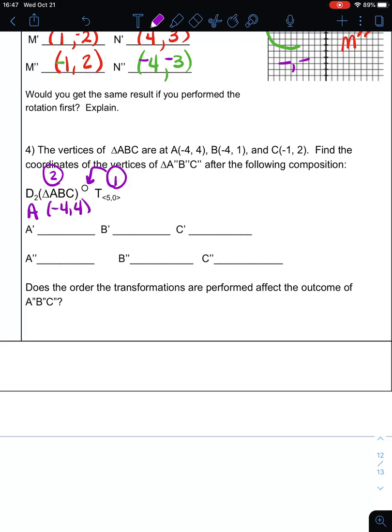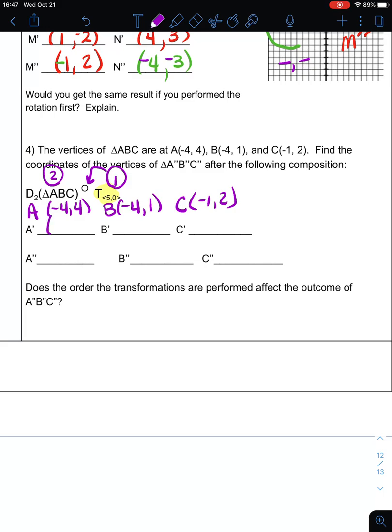And so we have our A at -4, 4, our B at -4, 1, and our C at -1, 2. So remember that this notation for the translation means I'm going to go to the right 5, and then I'm not going to go up at all, so my Y values are not going to change.